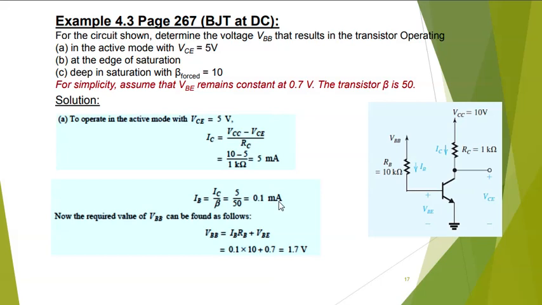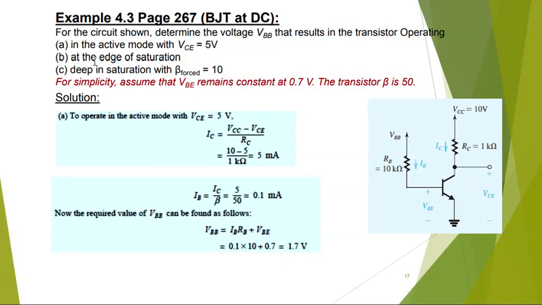So it's going to be 0.1 milliamps. That's really easy. So if IB is 0.1 milliamps, VBB minus 0.1 times 10K minus 0.7 will be 0, right? So VBB should be 1.7 volts.